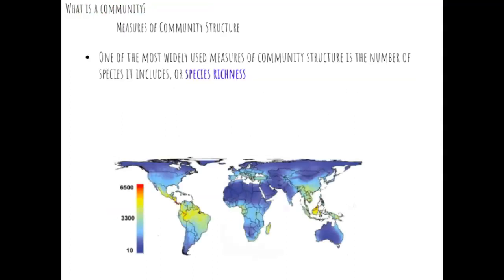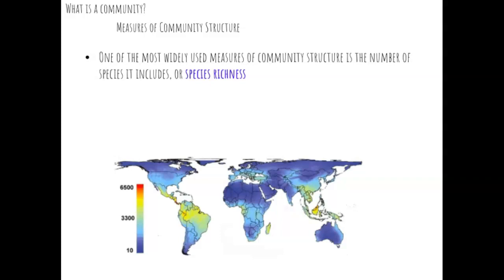One part of community structure that we can talk about, and one of the most important ones, is species richness. So this is one of the most widely used measures of community structure, and it is what describes the number of species in a community. So we can say that there are 5 species in my backyard, or if I had a more diverse community living in the backyard, it would be 50.